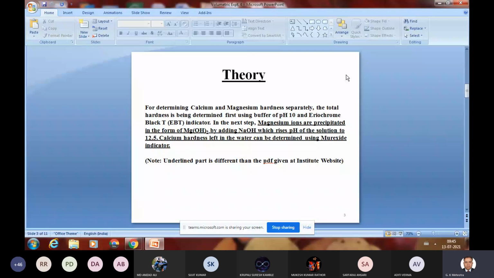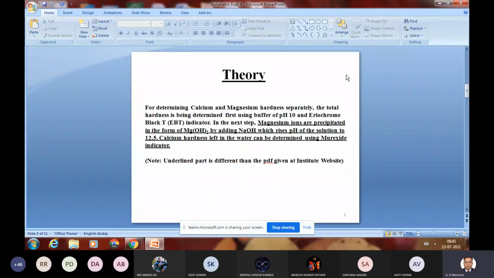Stability constants of the complexes are very important. The pH is also very important, which is regulated in this titration by using an ammonium hydroxide buffer.